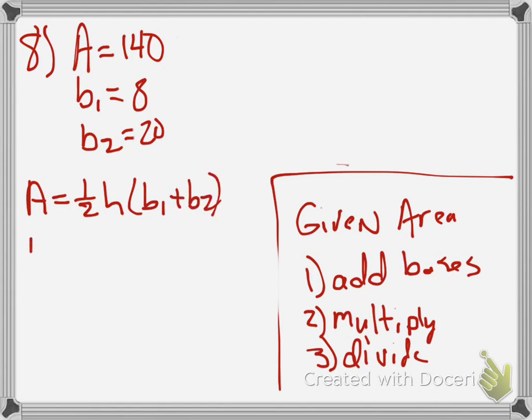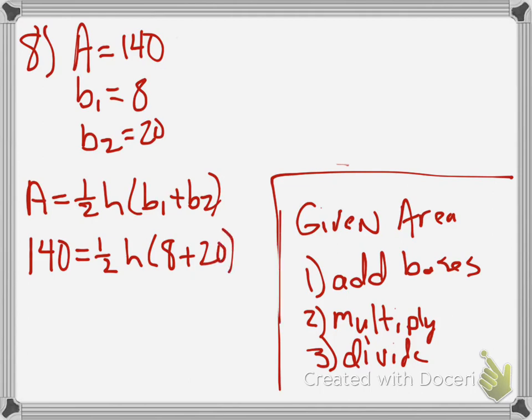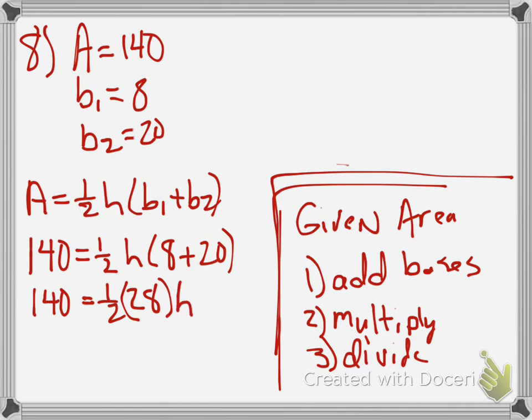So I can go here and say 140 is equal to 1/2 the height times the sum of the bases, which is 8 and 20. And then as it says right here, I can add the bases. So I've got 140 is equal to 1/2. 20 plus 8 is 28 times the height. And then multiply the half, or half of 28, which would give me 14.